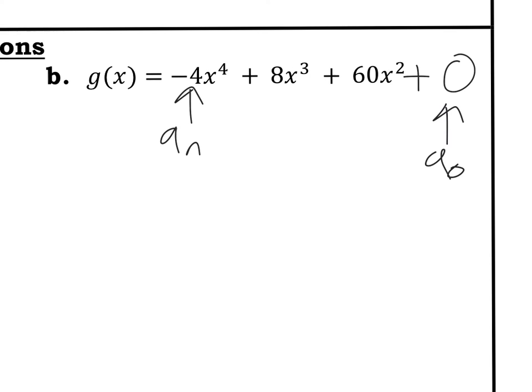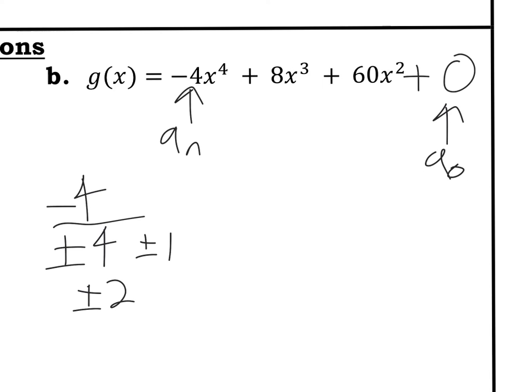So just to show my work, if I'm going to list my factors of negative 4, they're still going to be plus or minus. So I can do 4 and 1. I can do 2 and 2. So those are all my factors of my leading coefficient. And then what are my factors of 0?